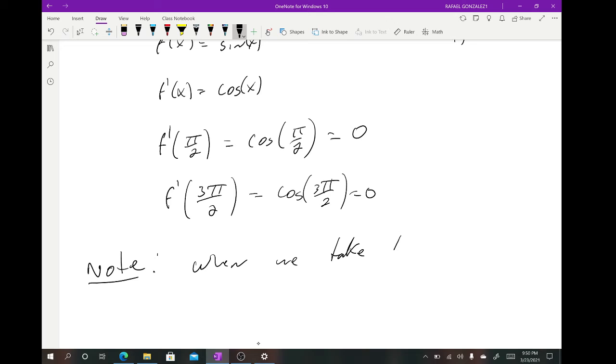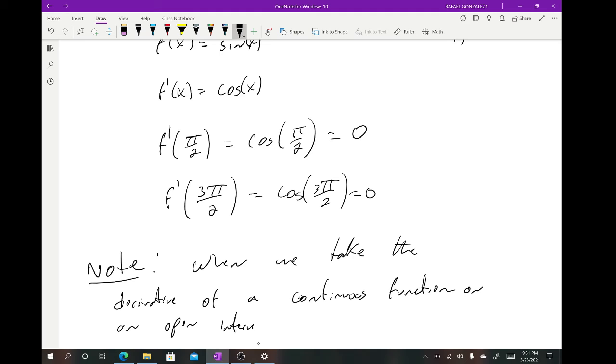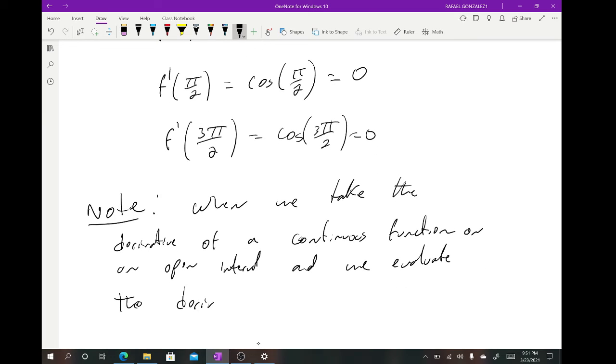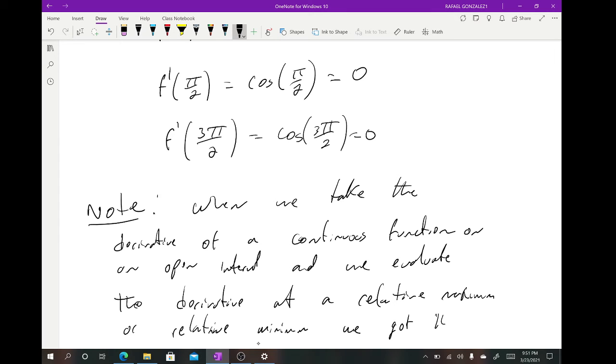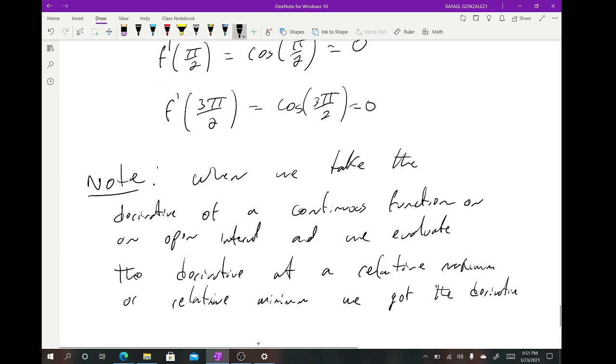When we take the derivative of a continuous function on an open interval, and we evaluate the derivative at a relative maximum or relative minimum, we got the derivative being equal to 0.